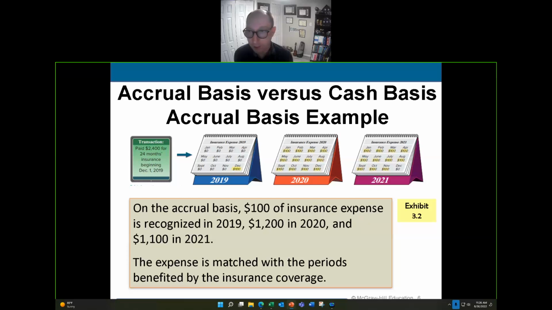The reason why we record it this way is because according to the accrual-based accounting system, I need to match the expense with when it is incurred, according to the matching principle, right? So I allocate $100 of insurance expense every month for a full 24 months.